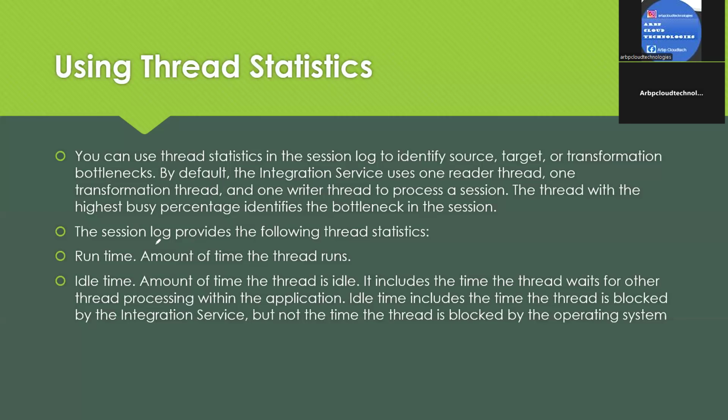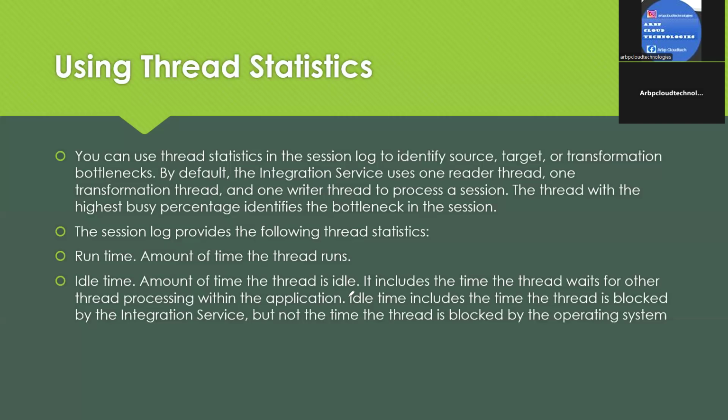Next topic: the session log provides the following thread details. Run time is the amount of time the thread runs. Idle time is the amount of time the thread is idle, meaning it waits, and it includes the time the thread waits for other threads and the processing within the application.